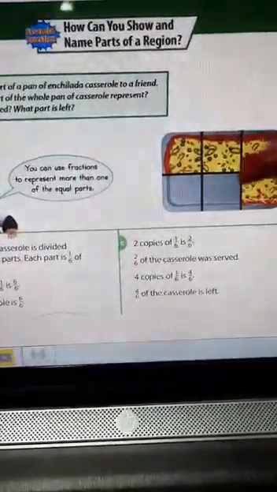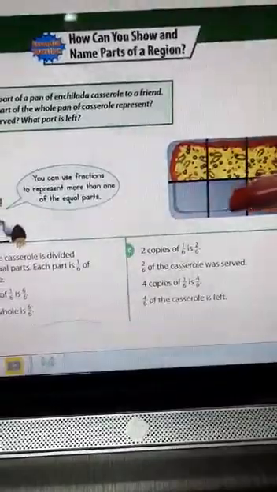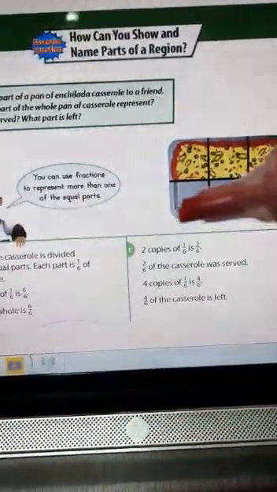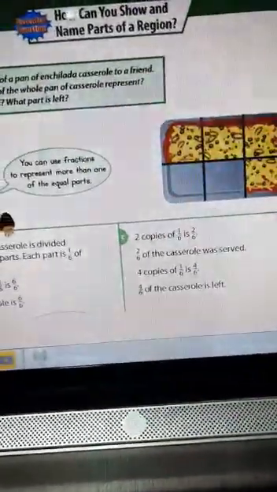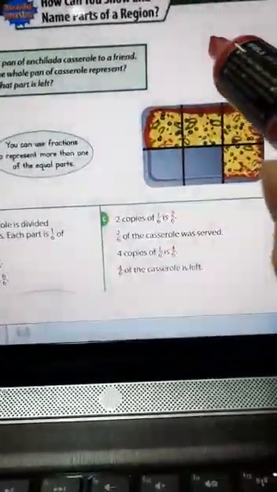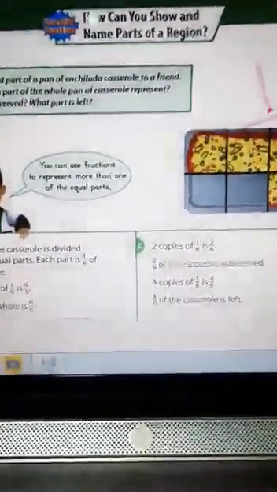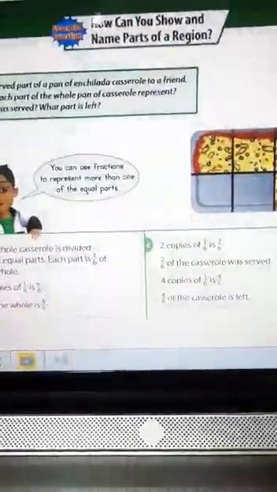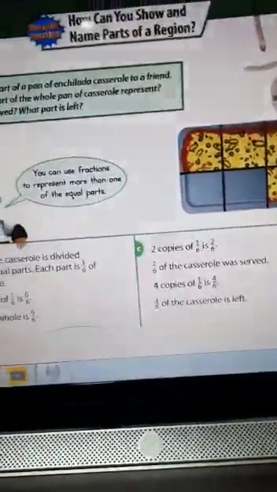Served, meaning they are not here now, like these 2 pieces. Now they are not here because they are served. They are eaten. Okay. Now how many left? 1, 2, 3, 4. How many in all? They are what? 1 of 6. I will try to show it to you better. 1 of 6 in whole.